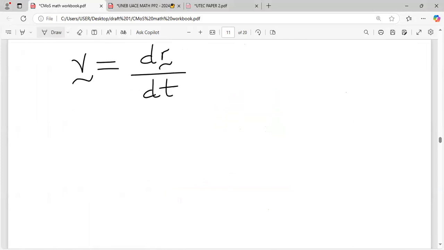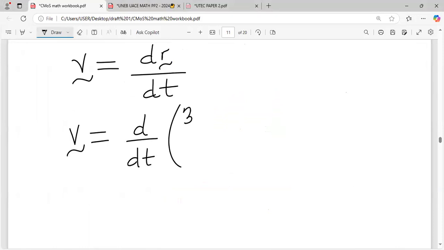Hence I will have v equals d out of dt, and I will have my R here. In the place of i I have 3t squared minus 1.